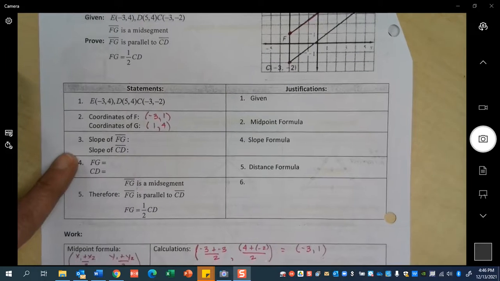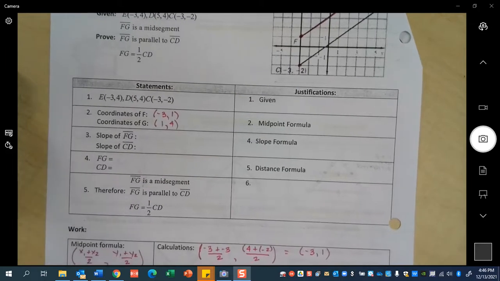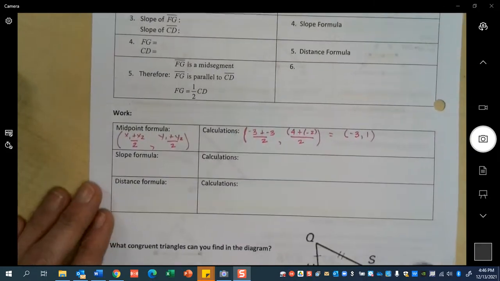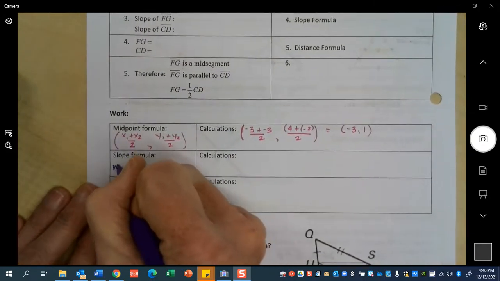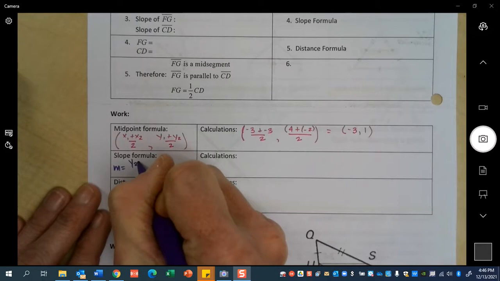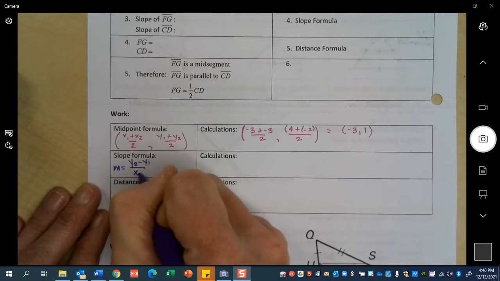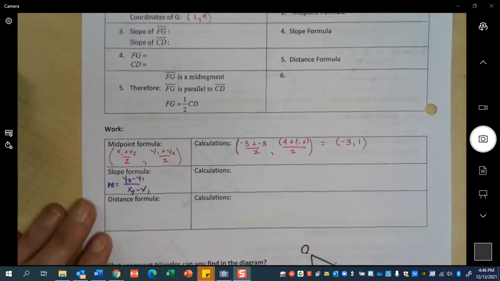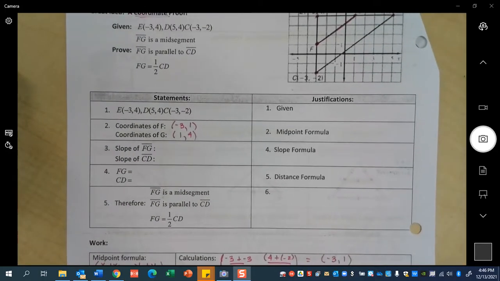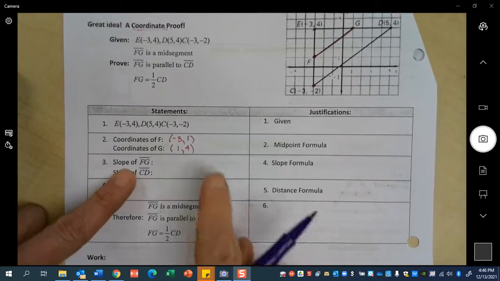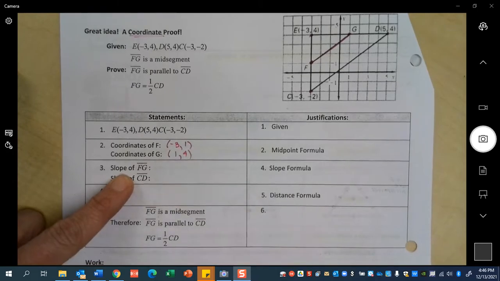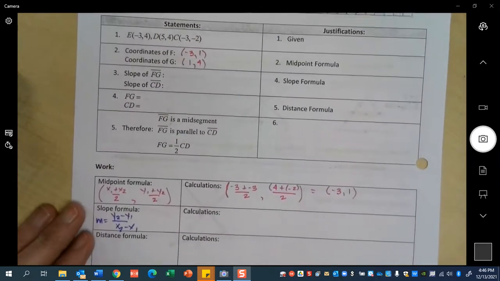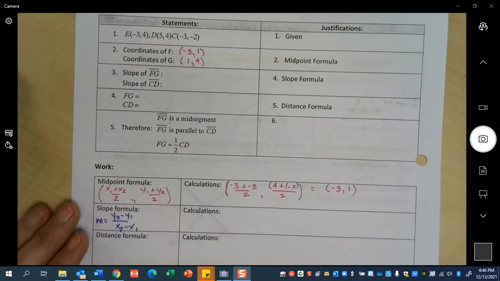All right, so now we're going to move on and talk a little bit about slope. So slope, when we talk about that formula, my slope is equal to y2 minus y1 over x2 minus x1. So when I want to find the slope of segment FG, it's going to be these coordinates that I use. So we'll come down here, and I gave you some room for some calculations.